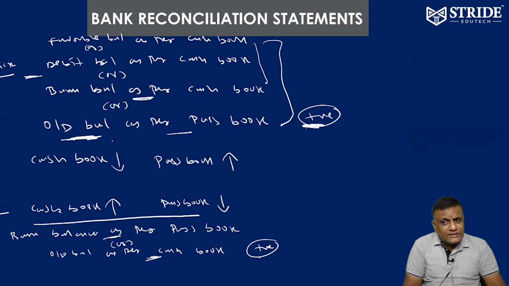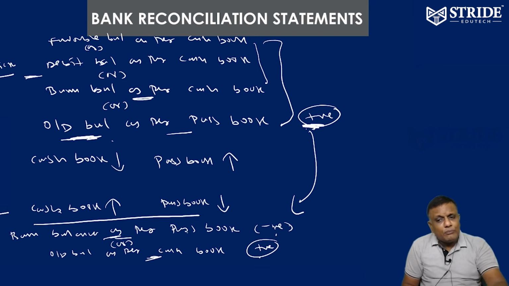Suppose OD balance for passbook is the starting point, positive, and a negative comes, we can say bank balance as per passbook, which means we have more cash in your bank account as per bank statement. So that's a conclusion you can conclude.